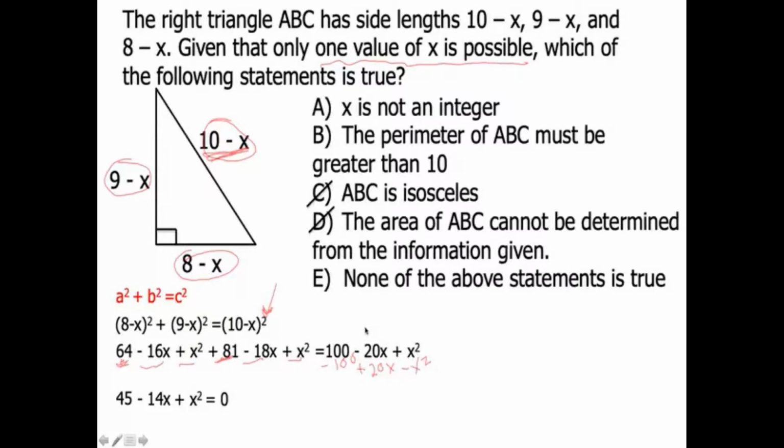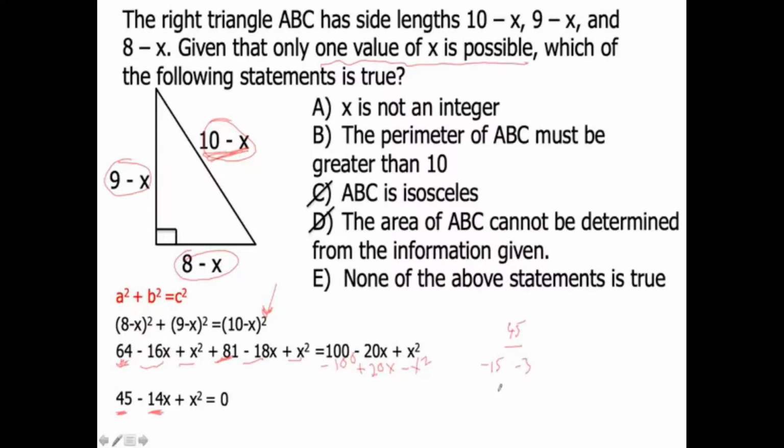Now we have a quadratic. If you're not completely comfortable with factoring quadratics, that is something else to review. But let's do it together. What's the game here? We're looking for two numbers that multiply to 45 and add to negative 14, right? So it's probably going to be negative. How about negative 15 and negative 3?